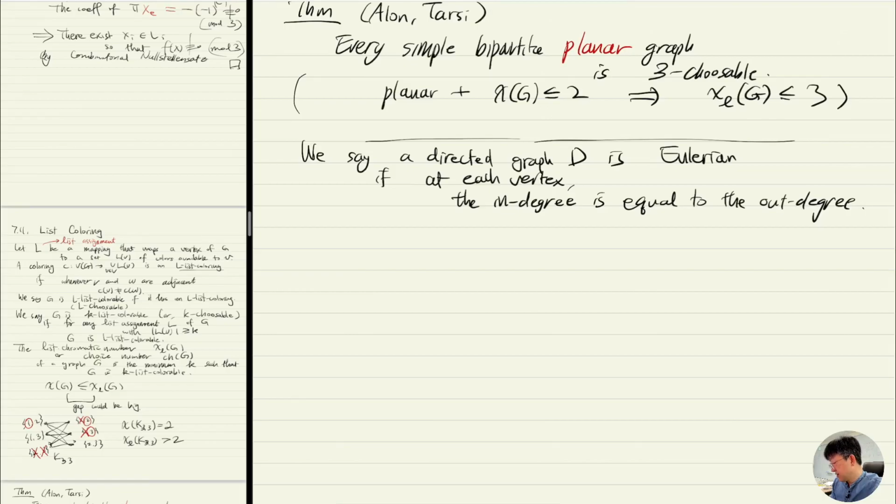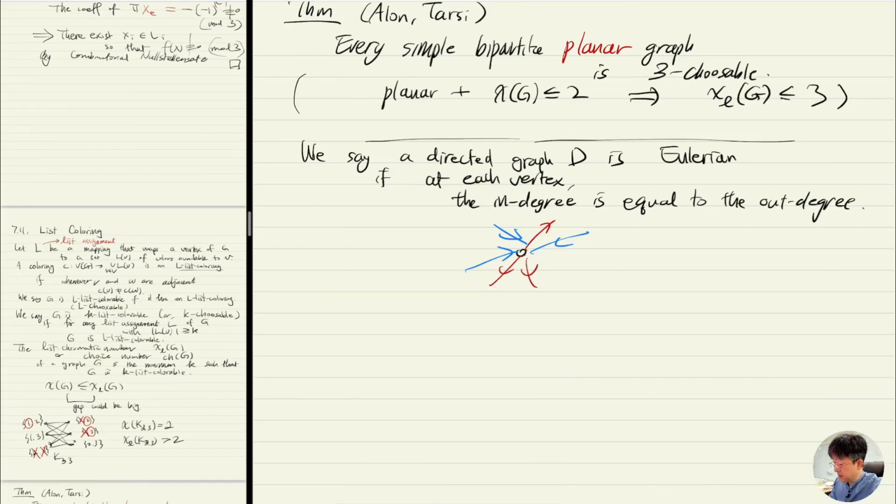Usually in an undirected graph, we say a graph is Eulerian if every vertex has even degree, but in a directed graph, we want more. Every vertex has the same number of incoming edges as outgoing edges.